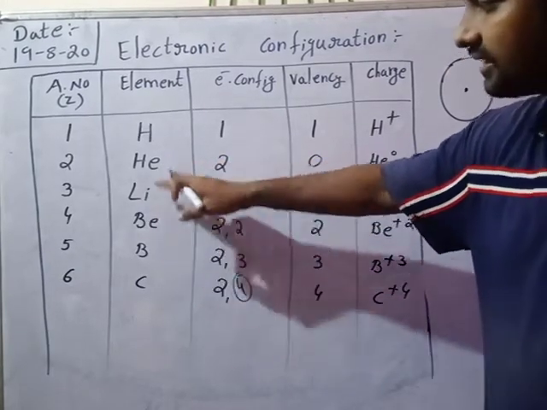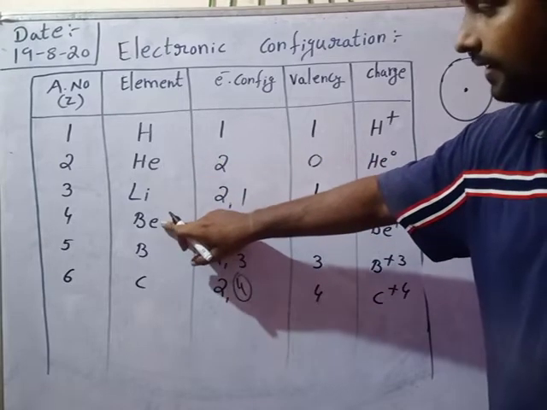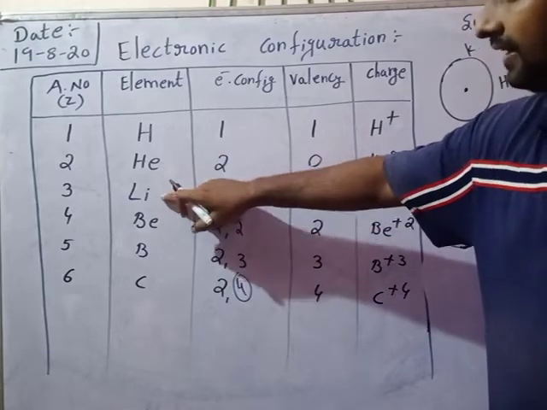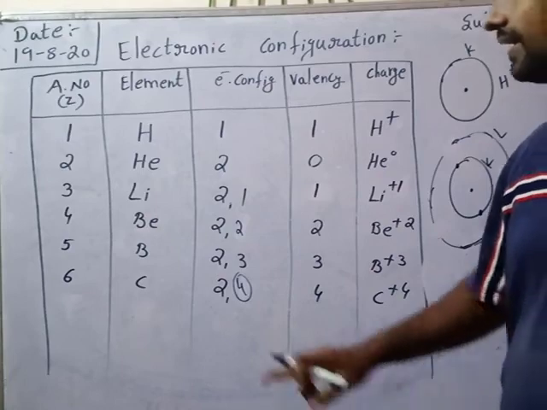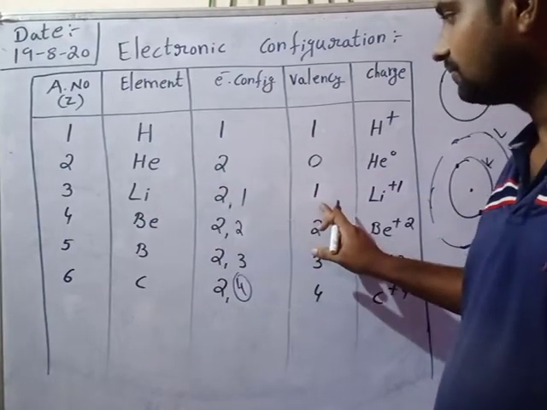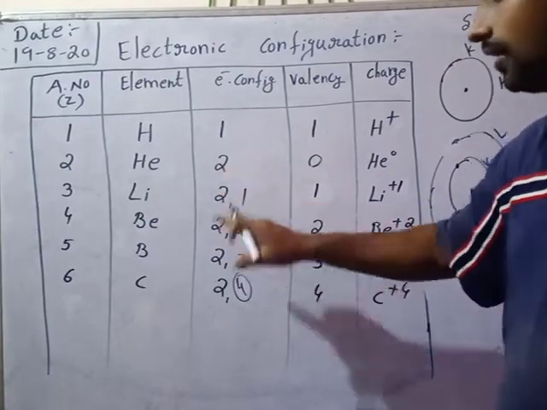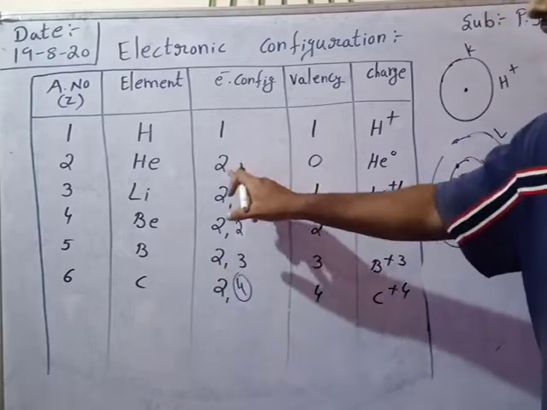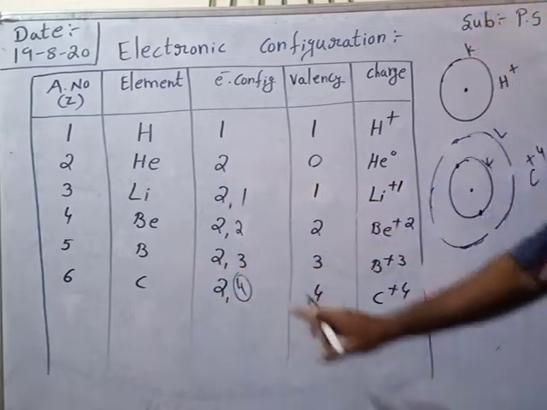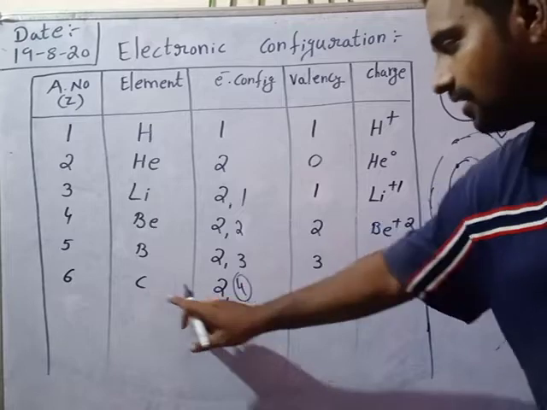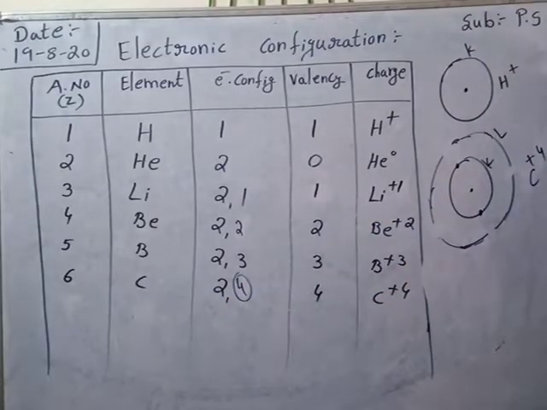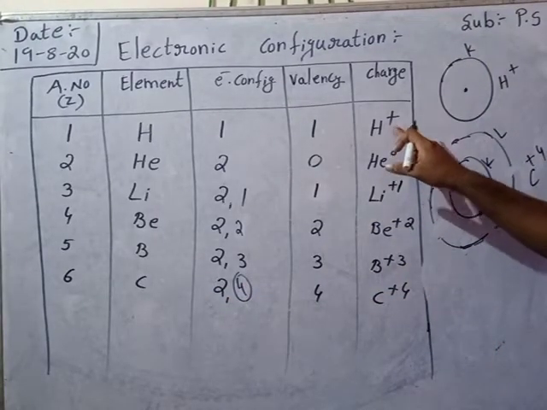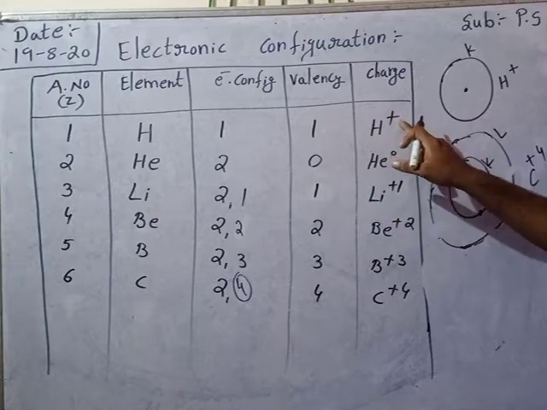Carbon's nearest noble gas, or zero group element, is helium. Boron's nearest is helium, beryllium's nearest is helium, and lithium's also helium. Lithium loses 1 electron to reach 2, beryllium loses 2 electrons, boron loses 3 electrons, carbon loses 4 electrons. So hydrogen valency 1, charge plus 1.